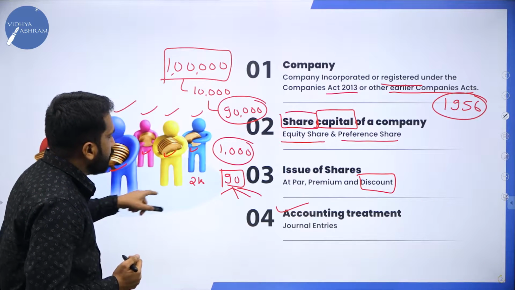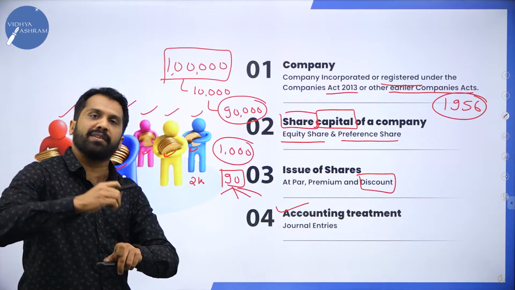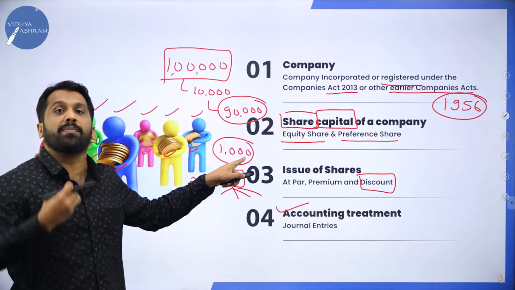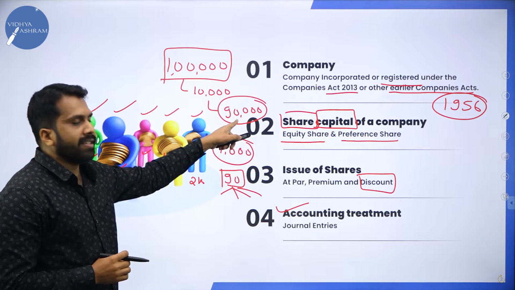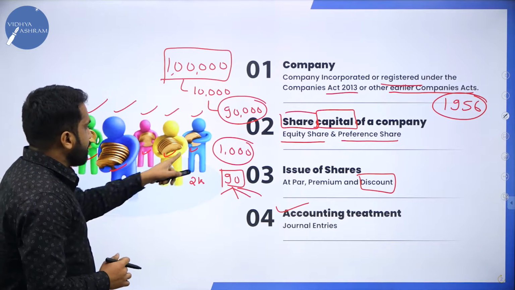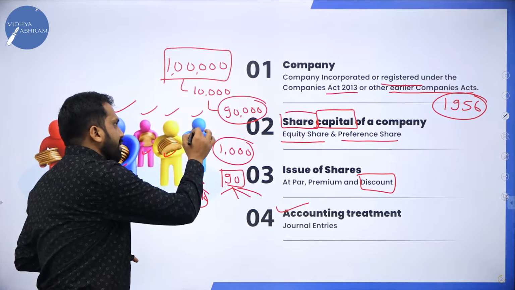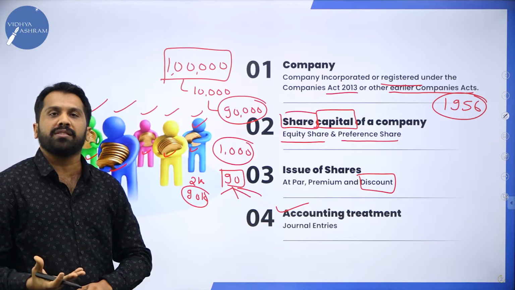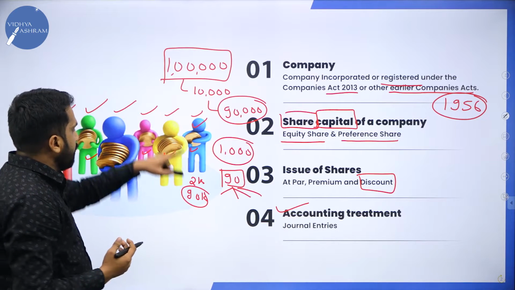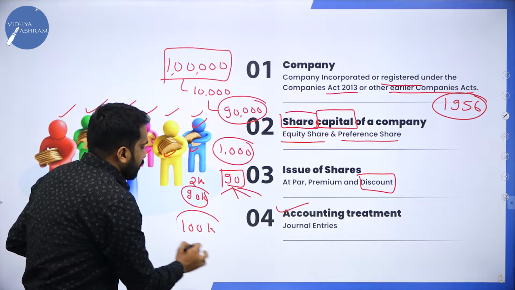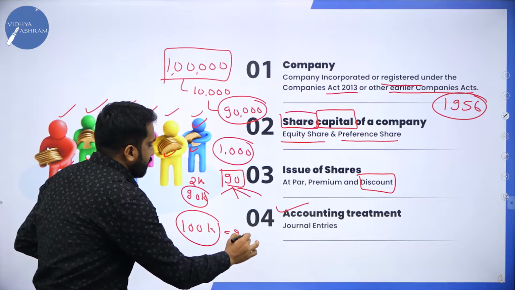However many shares they want, they can purchase, but each share value is how much? 1000. How much do I need? I need 90,000. A single person can pay 90,000, so he will be called a shareholder. Clear? If everybody contributed 1000, in total I got 90,000.